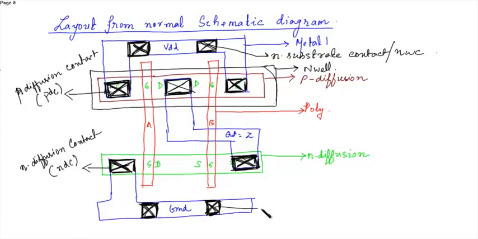This is the P substrate contact, or the P well contact. So this is the layout of a twin port NAND gate from the twisted schematic diagram.